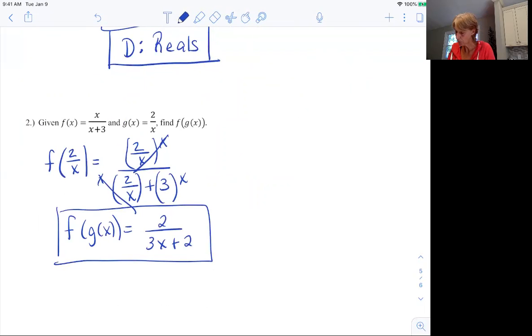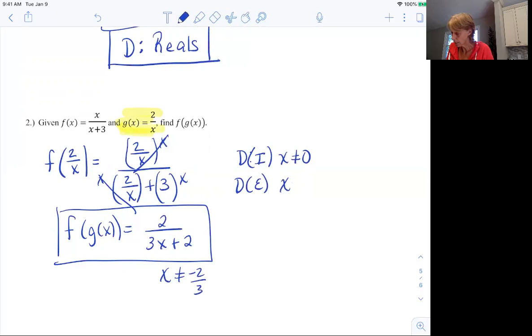I have 2 rationals, so I'm going to have to be careful. There's my inside function, domain of inside. X can't equal 0, domain of end result. X can't equal negative 2/3. So my overall domain, all real numbers.